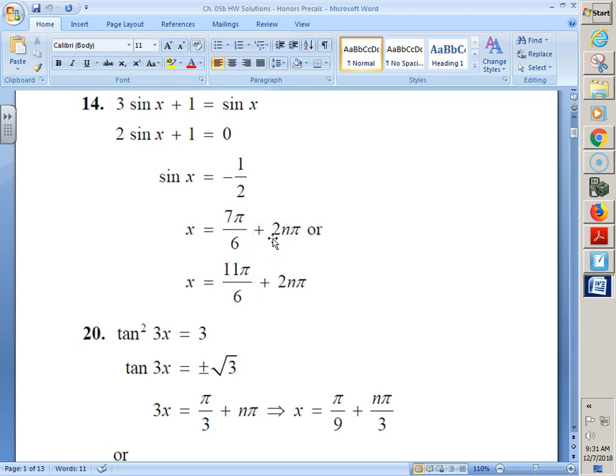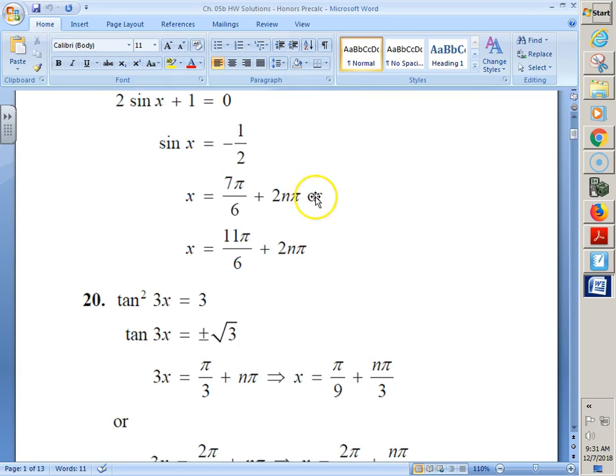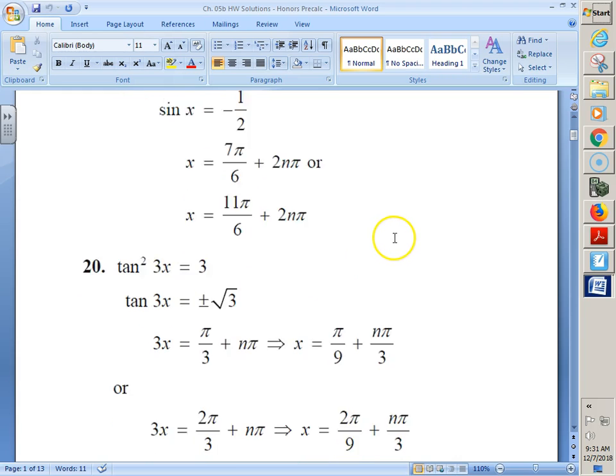I was thinking plus or minus, but that's only for cosine inverse. It doesn't work for sine, sadly. 7 pi over 6 plus 2 pi n, or 11 pi over 6 plus 2 pi n. I think Austin and Gavin, you were asking, this cannot be pi n because they're not 180 apart. One's third quadrant, one's fourth quadrant, and then Kathleen, your plus or minus doesn't work because of similar logic.